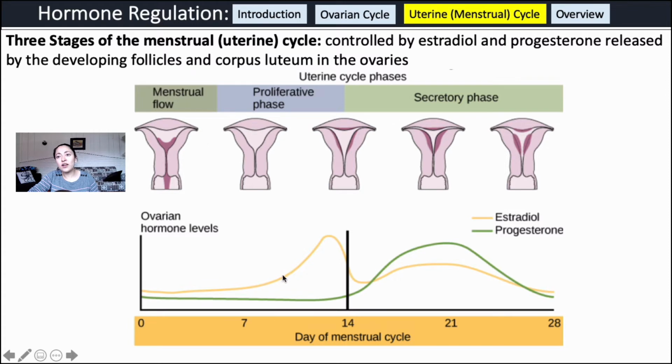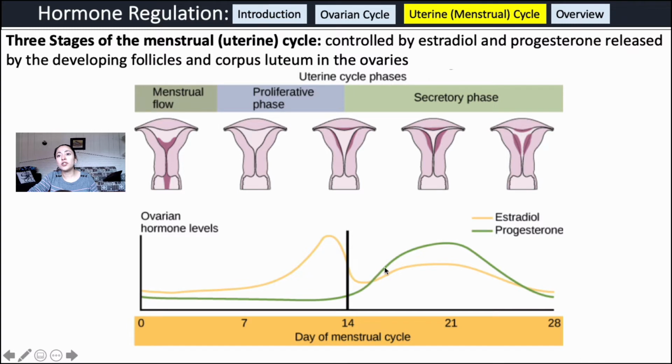As the estradiol level increases, it initiates the proliferative phase in the uterus, causing the lining of the uterus to start to thicken. Now remember that at day 14, what's happening in the ovaries is ovulation. So a secondary oocyte is being released, and after ovulation happens, that corpus luteum structure within the ovaries starts to produce progesterone.